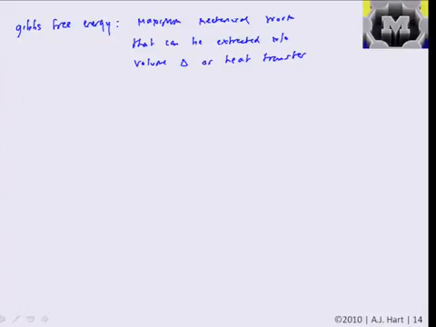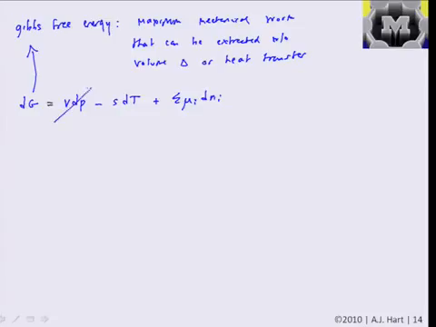And a formal definition would say that the differential in Gibbs free energy G is equal to the volume times the change in pressure minus the entropy times the change in temperature plus a summation based on adding and subtracting material to the system.